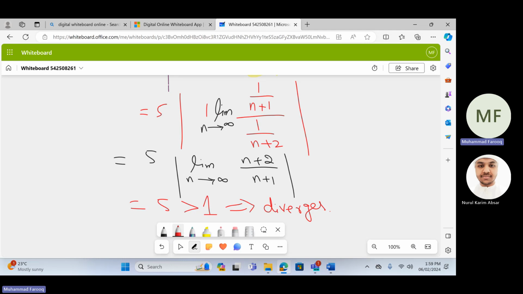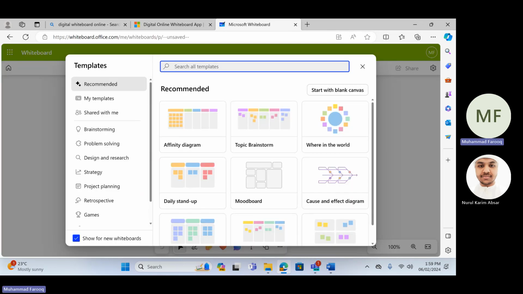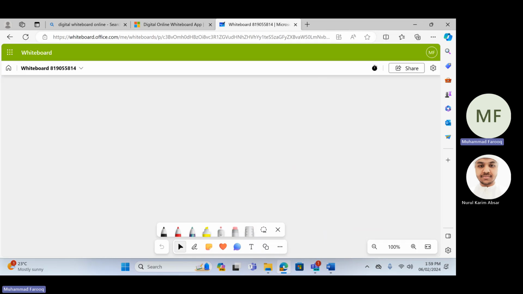So do not deviate from that, please. Now, the root test, same section 9.5.